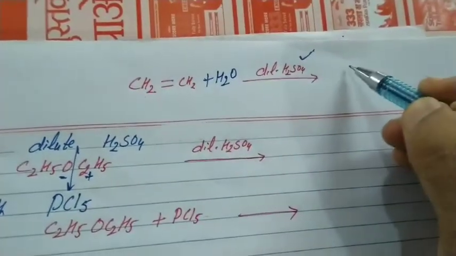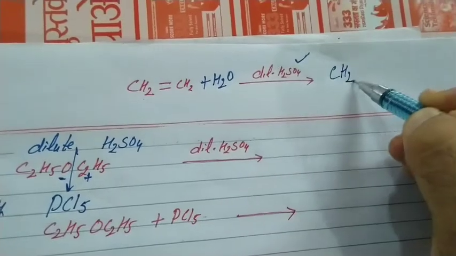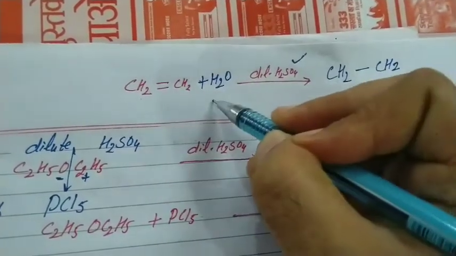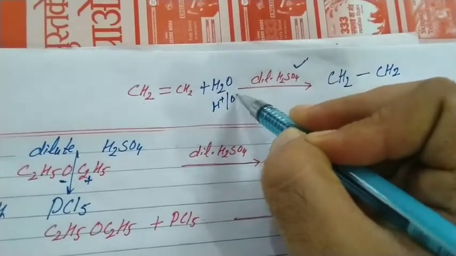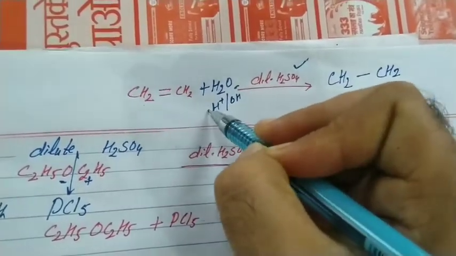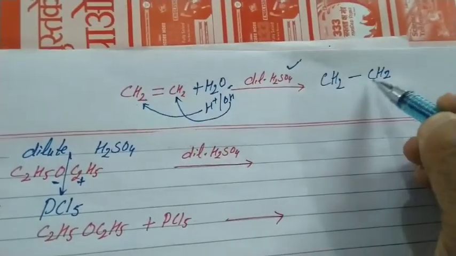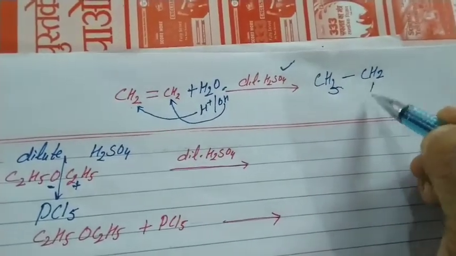It is alkene. We know alkenes undergo addition. Pi bond breaks. Addition of water takes place. Water contains H and OH. H ion gets linked with one end and OH on another end. What did we get? CH3CH2OH.